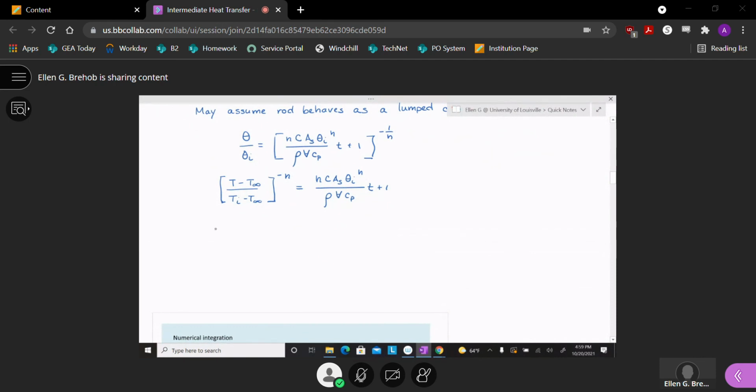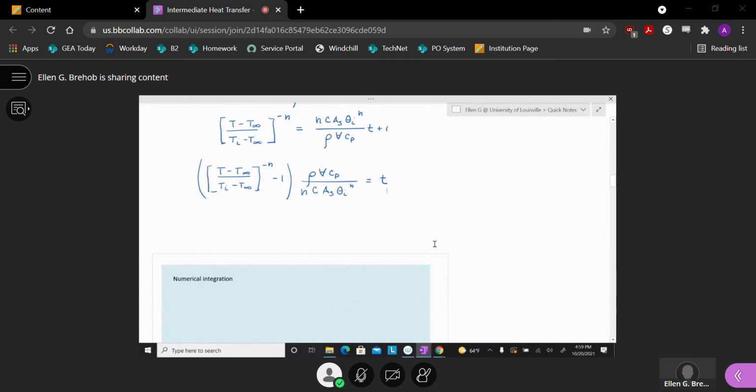I'm just rearranging to get t on one side. Okay, and I'll show the number substituted in. So that looks okay. That just gave us a number, no units to worry about.